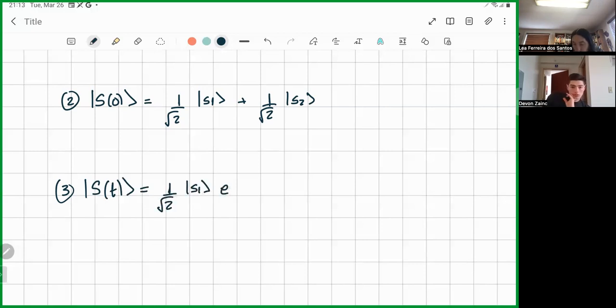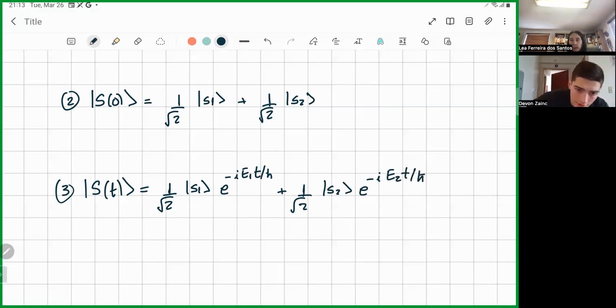So here is going to be the exponential of E1, and for the state S2, the exponential of the energy E2. And that's the end of the story. But let's play a little bit more. Let's manipulate this a little bit more and put this in a vector form, okay?